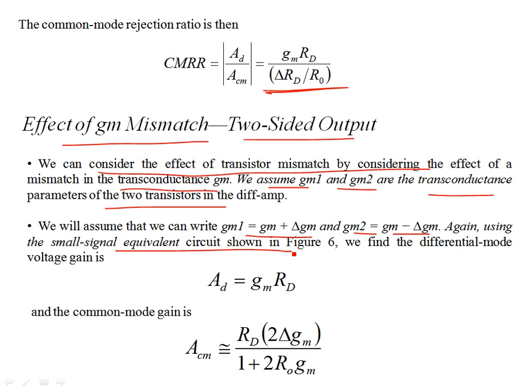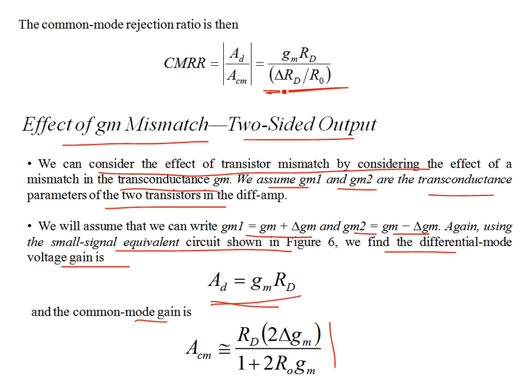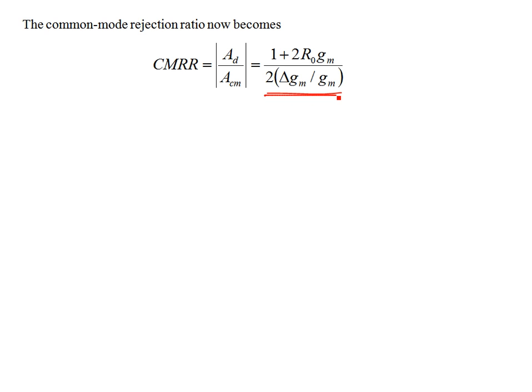Again, using a small signal equivalent circuit, we find that the differential mode voltage gain AD is GM RD, and the differential gain stays the same, but the common mode gain is due to the difference in GM. You will have a finite common mode gain, and then CMRR has a very similar expression to what we had for the difference in the drain resistance. So there is a similar expression for the difference in the transconductance gains.